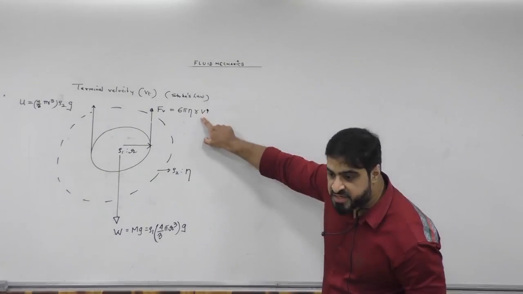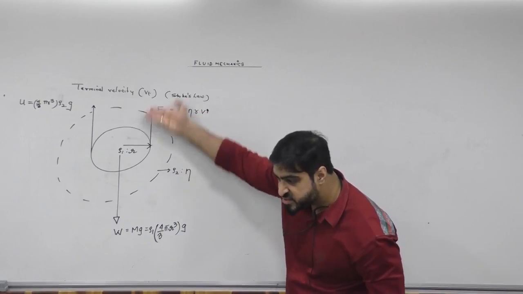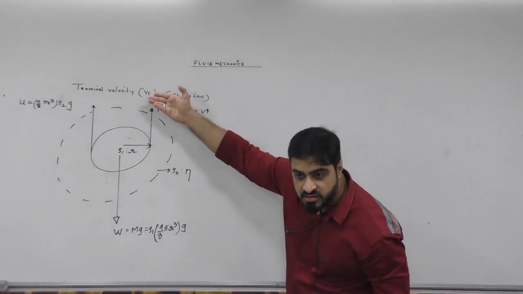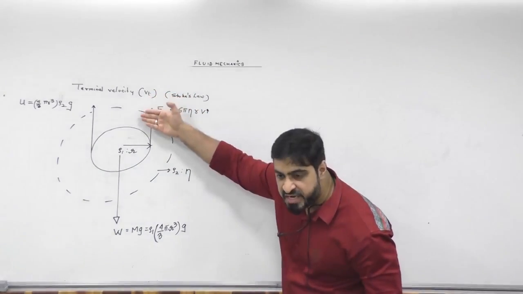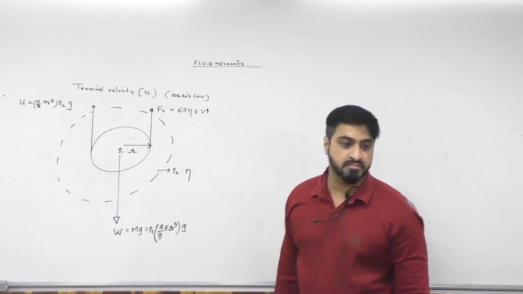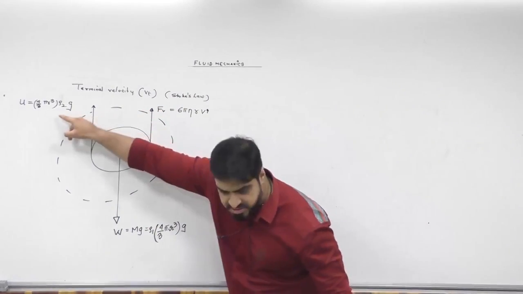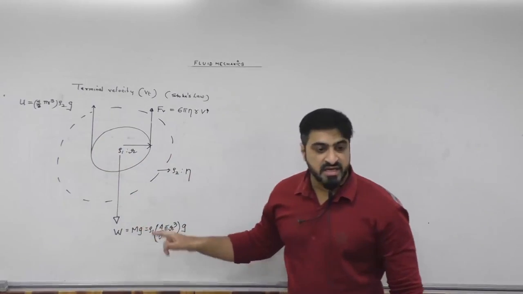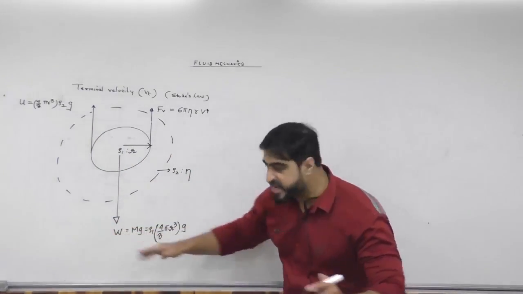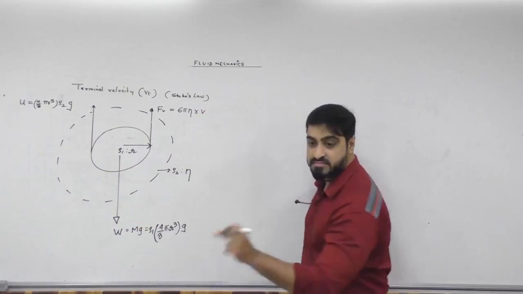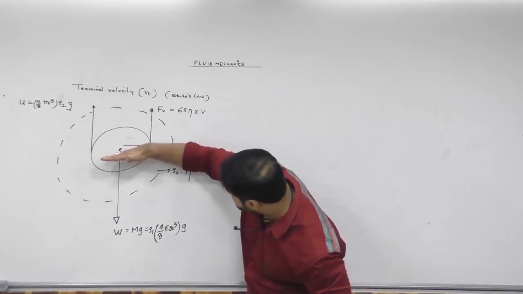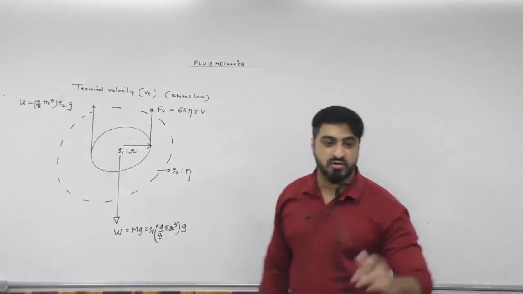If this component increases, Fv increases. And it is trying to balance the weight. That means this plus this is trying to balance. Can I say that while falling, it will reach a speed where the total upward force and the total downward force will balance.